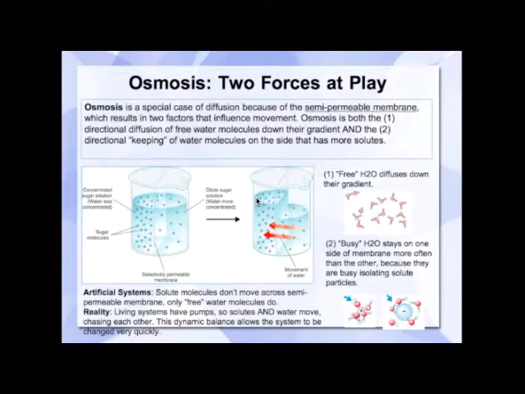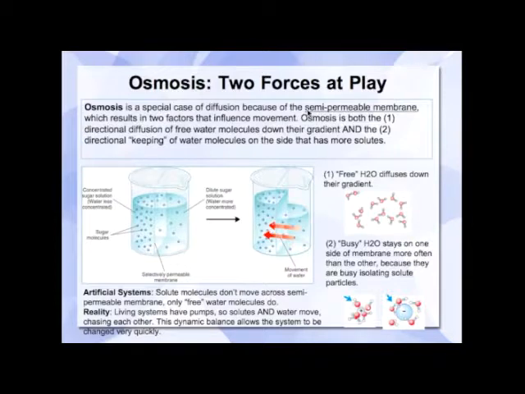Osmosis is a special case of diffusion, and it exists because cells have membranes that are semi-permeable, meaning only certain things can pass through it. The semi-permeable membrane of cells results in two factors that affect diffusion of molecules, whether water or salt or sugars, back and forth between or across the membrane.